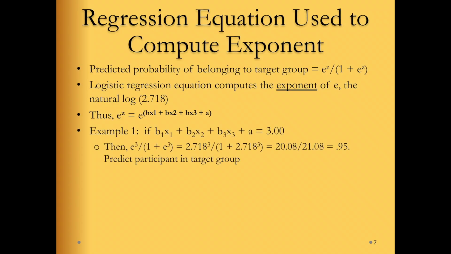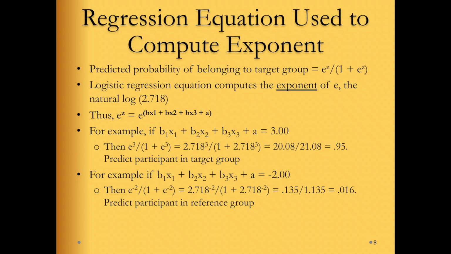Let's take a closer look at how the formula works by looking at a couple of examples. In example 1, the regression equation derived a score of positive 3 for a participant. If we insert 3 as the exponent in the equation, we see that the resultant predicted probability for that participant was 0.95, which exceeds the cutoff of 0.5. As a result, we would predict this participant was in the target group on the dependent variable.